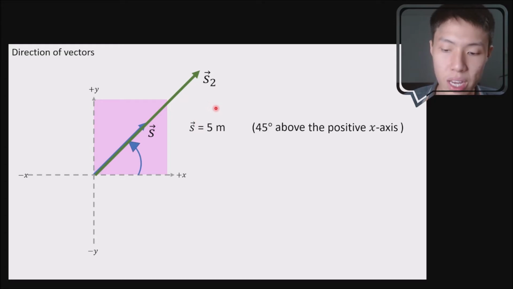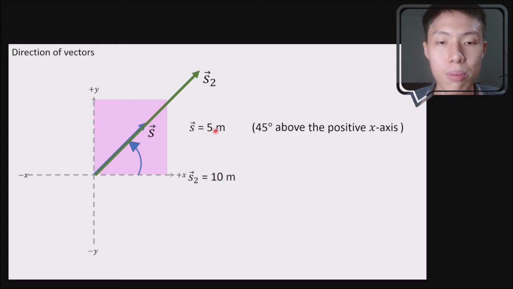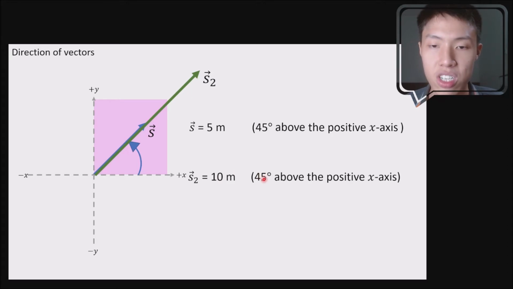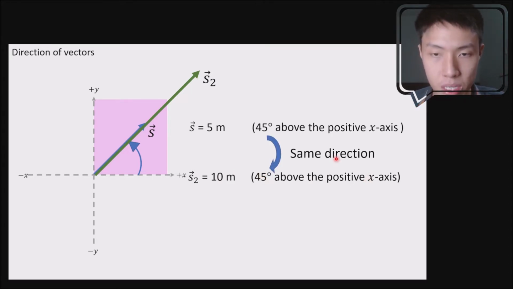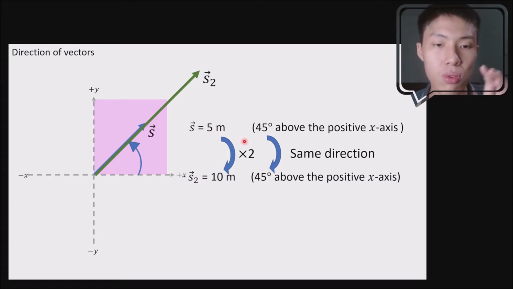Okay, so S2 here is supposed to have double or twice the length of S, and because they are both pointing in the same direction, the direction is also 45 degrees above the positive x-axis. Okay, so now we know that these two vectors S and S2 have the same direction, and the magnitude has a relationship of times 2. S times 2, the magnitude of S times 2 will be the magnitude of S subscript 2.